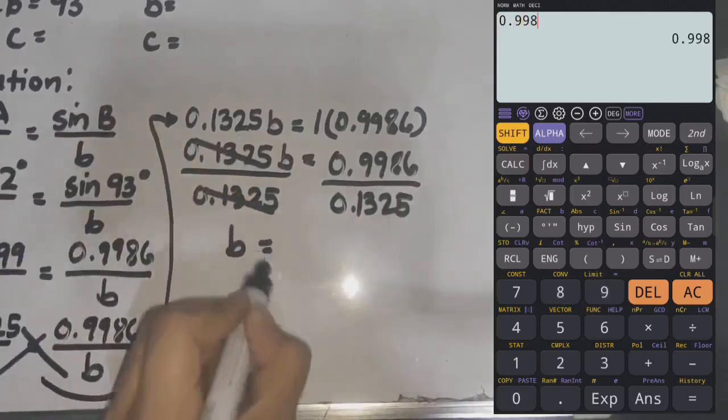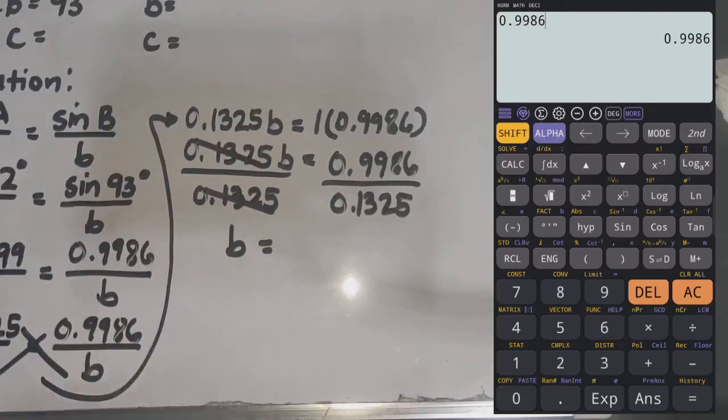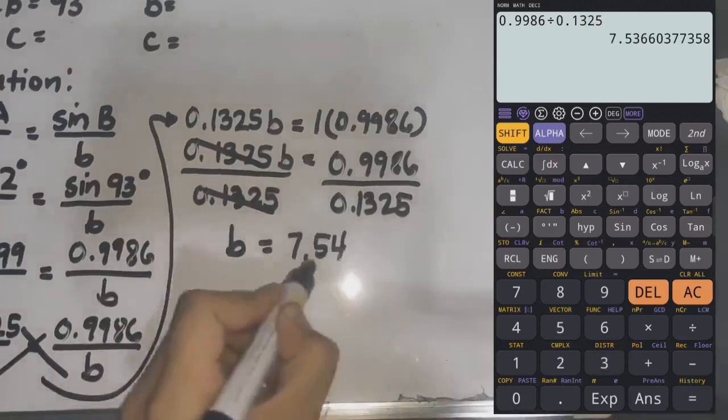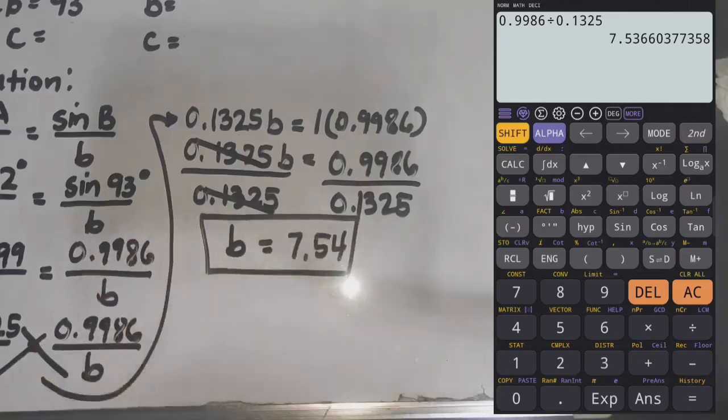Then matitira na lang ay B. Then i-divide natin yung 0.9986 divided by 0.1325 equals, so the answer is 7.54. So ang value ng B natin is 7.54. So pag final answer natin, 2 decimal places na lang yung kinukuha natin.